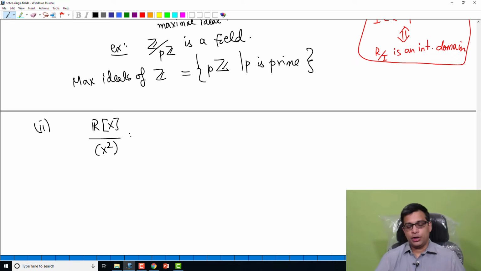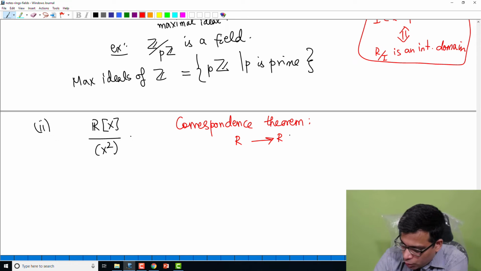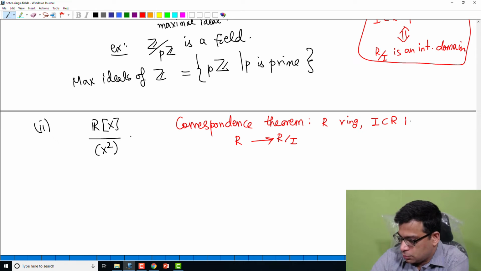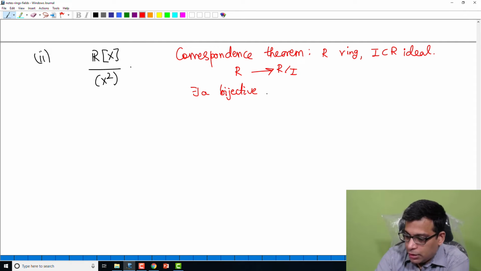Okay, now in order to determine the maximal ideals of this, I am going to recall for you the correspondence theorem. What does the correspondence theorem say? It talks about R and R mod I. So R is a ring, I is an ideal. And what is the statement of the correspondence theorem? It says that there is a bijective and inclusion preserving map.